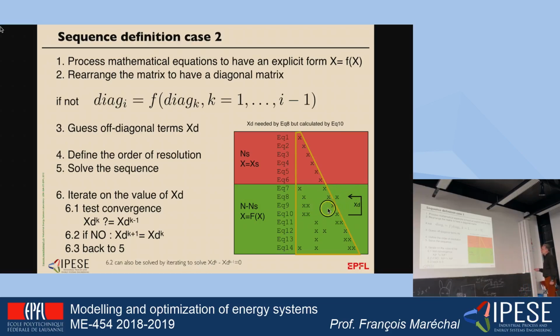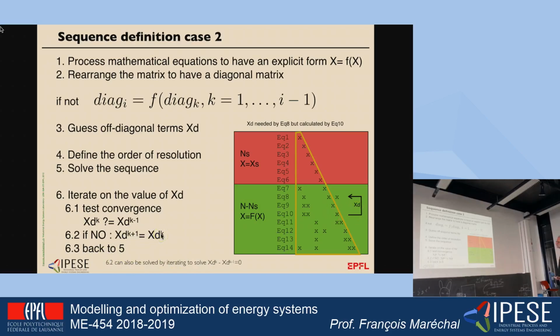I'm calculating, therefore, those elements here, and I'm going back and recalculating the value, and I have to test if I have converged. So it means that it's an iterative procedure with an epsilon that needs to be selected, which will work on the difference between the new value that has just been calculated and the previous one.